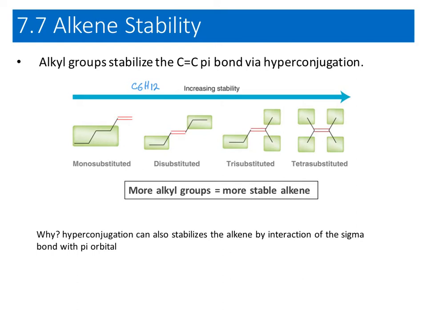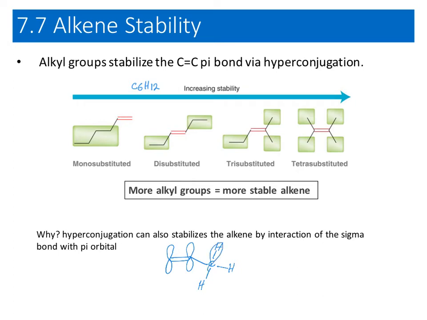Now, if you have a double bond that has an alkyl group attached to it, we know that double bond is made out of pi bond and sigma bond and interaction of p orbitals to form the pi bond.